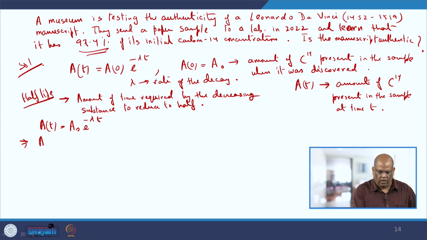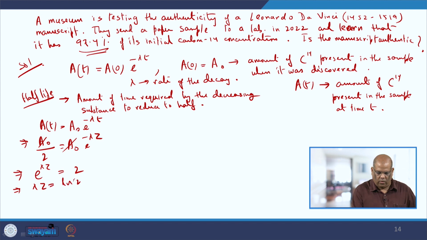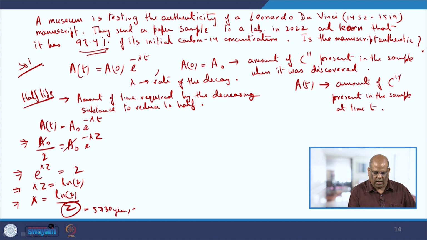This will be reduced to half at some time tau, and I have e to the power lambda tau equal to 2. This will give me lambda tau equal to ln 2, and this will give me lambda equal to ln 2 by tau. And the half-life of C14 is 5730 years. So, we can get the value of lambda.